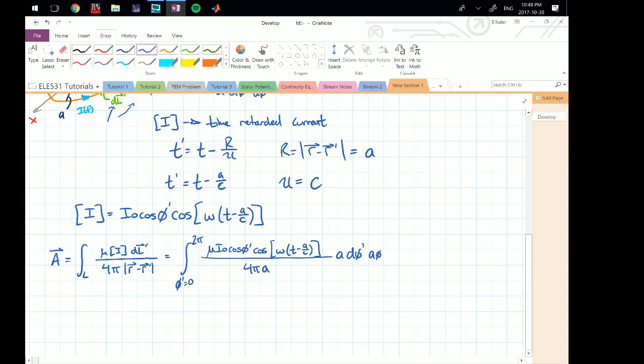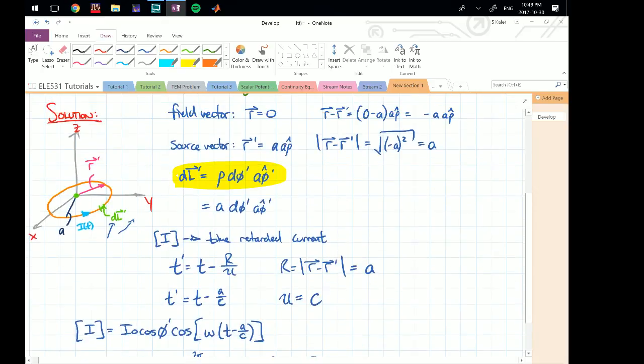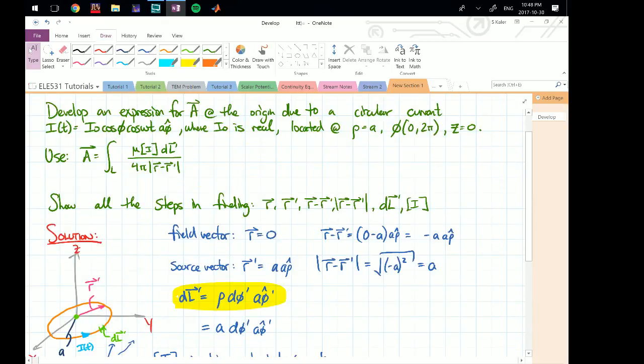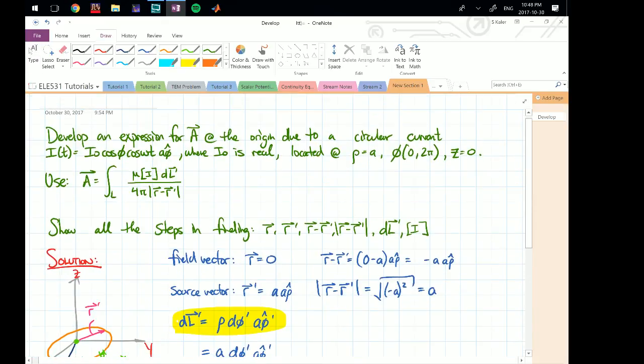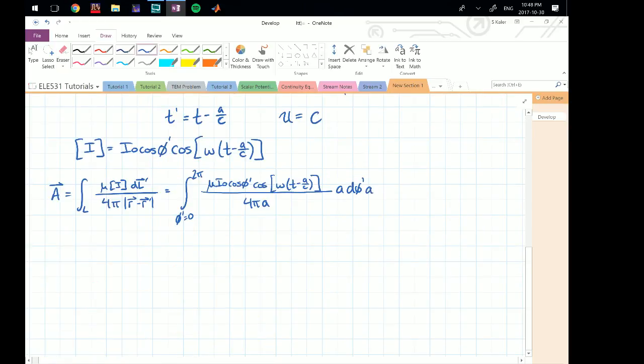Well, sorry, a phi was here, right? No, sorry. A phi is not on this. A phi prime is here. I apologize. So the current doesn't have a direction. The current kind of just flows, but the thing that has the direction is the differential. So that's a vector. The current is not a vector itself.